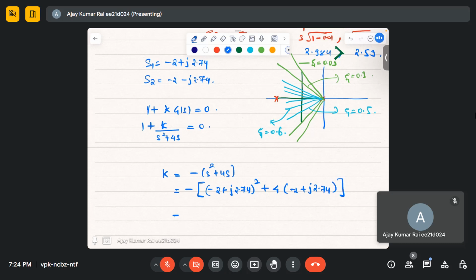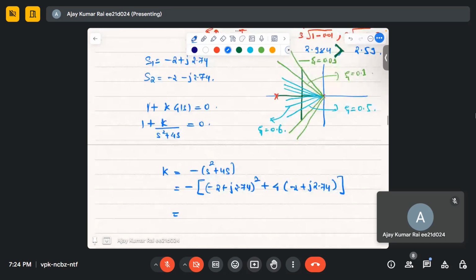So what value you will get? You have to use the calculator in this case.